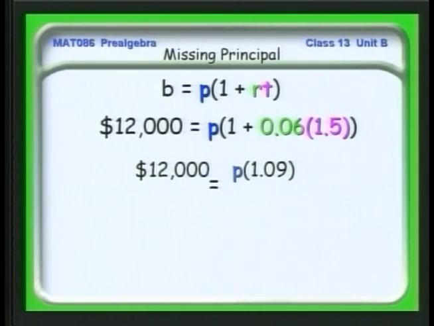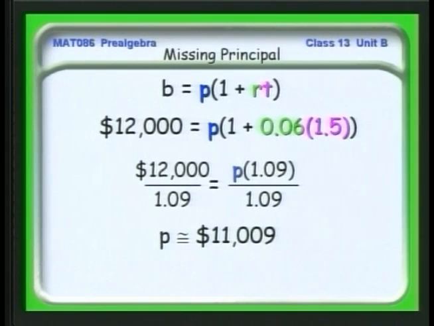How can I get p by itself? I divide both sides of that equation by the quantity 1.09, and then when I do that, I find that p by itself is very close to equal to $11,009.